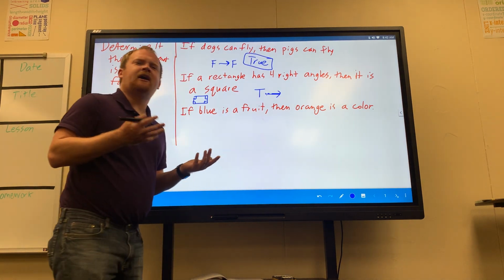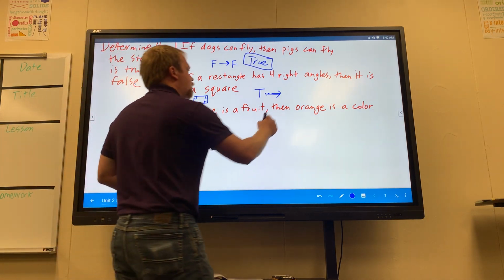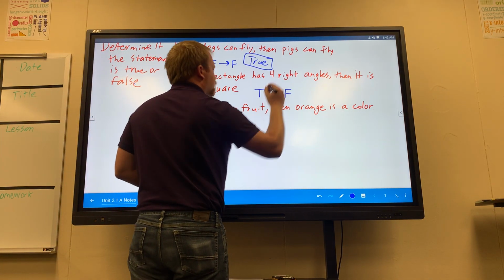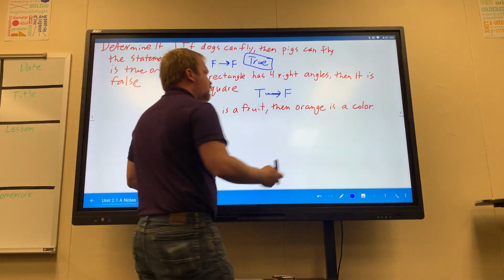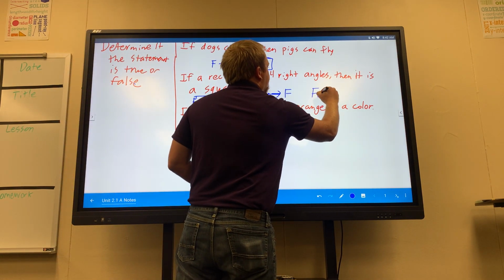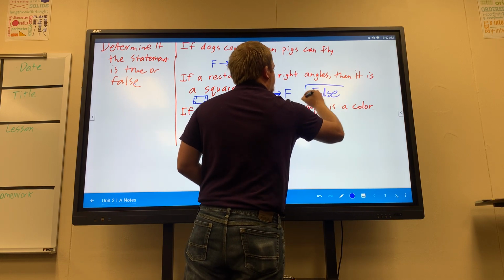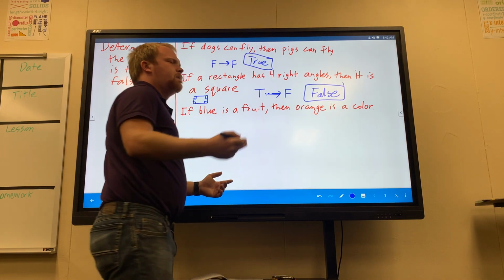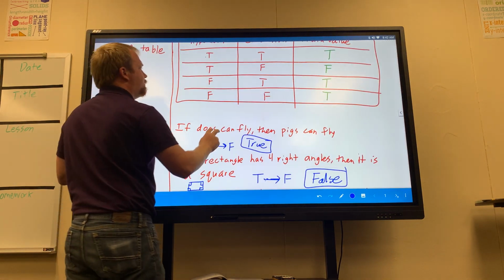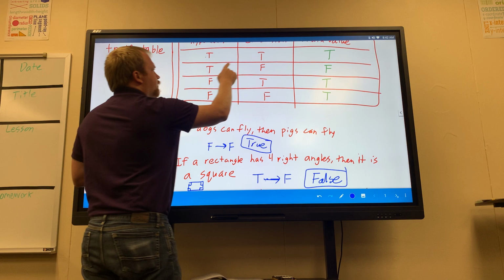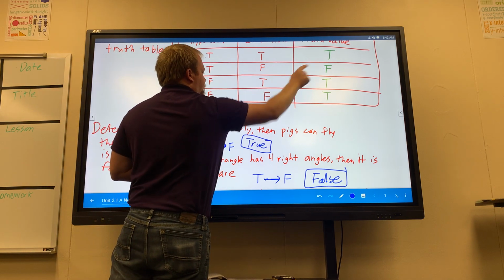A rectangle doesn't necessarily have 4 equal sides. So the then statement is false, which means that this statement is false. Looking back at our table, true to false gives us a false statement.